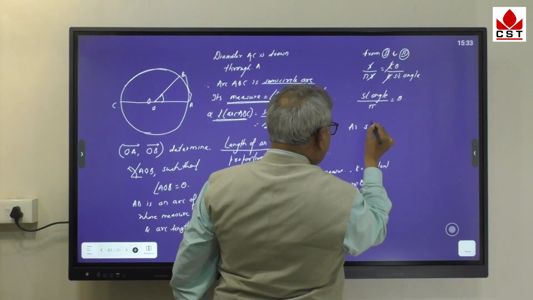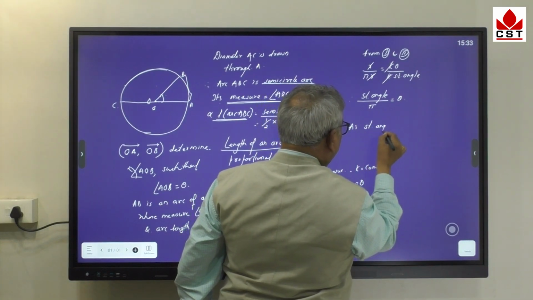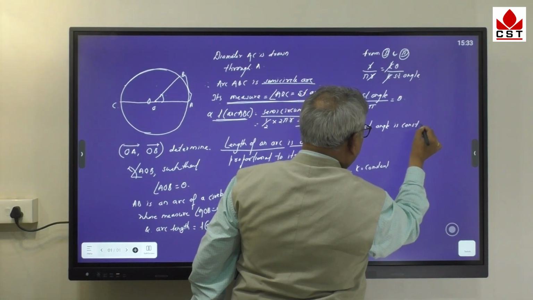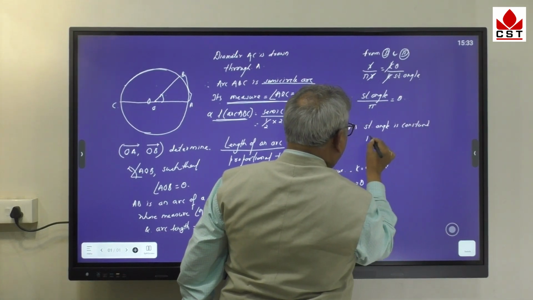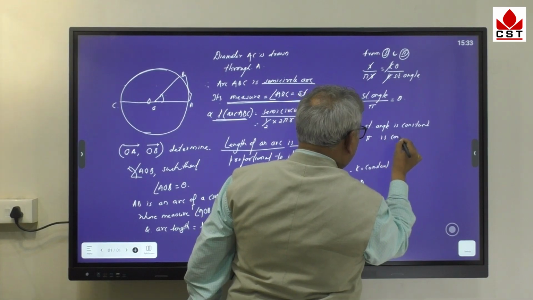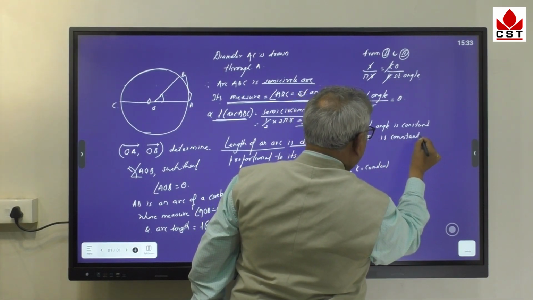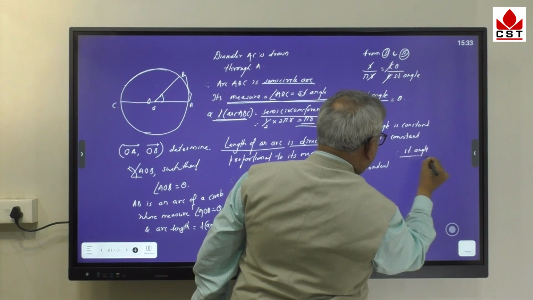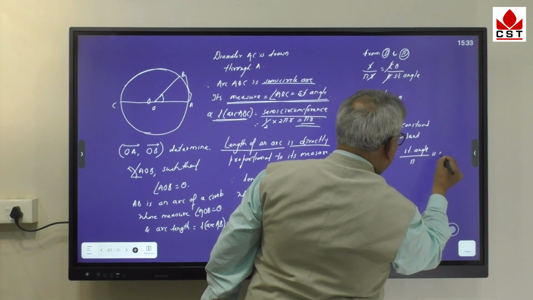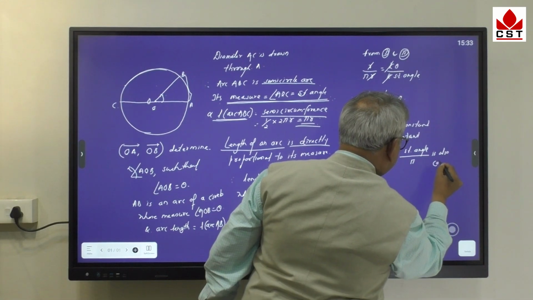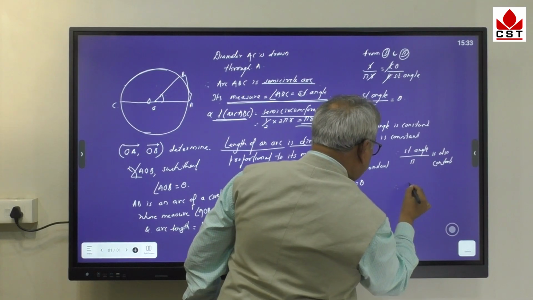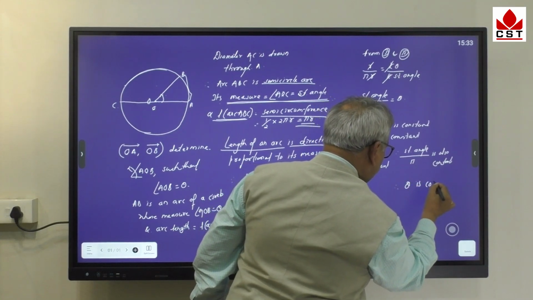As straight angle is constant, pi is constant, therefore straight angle upon pi is also constant, and therefore theta is constant.